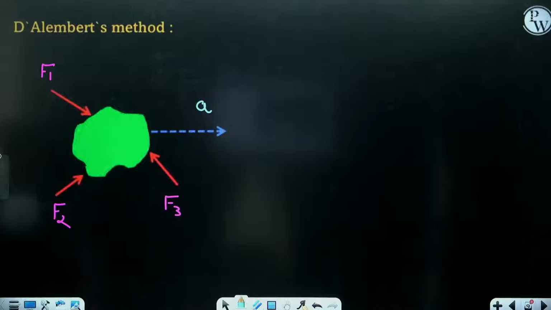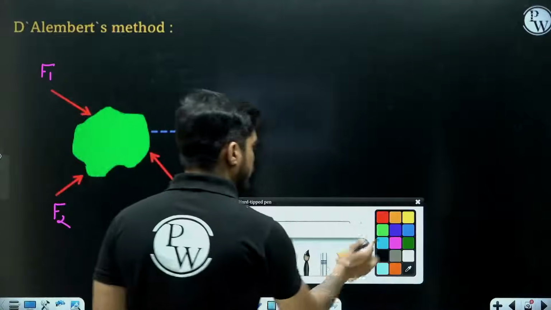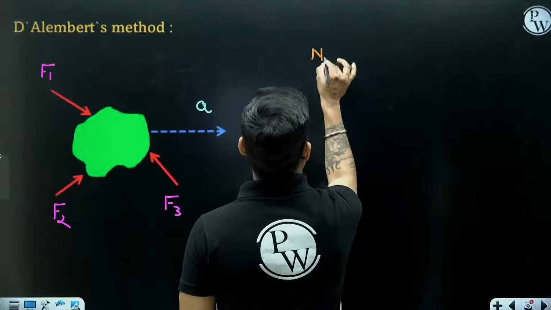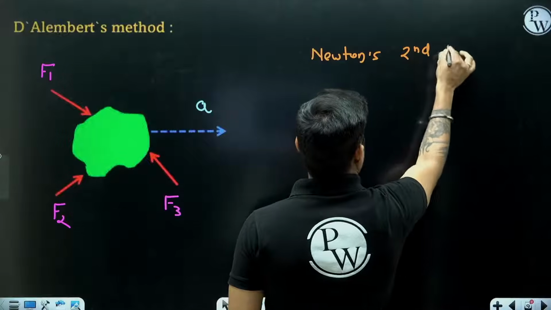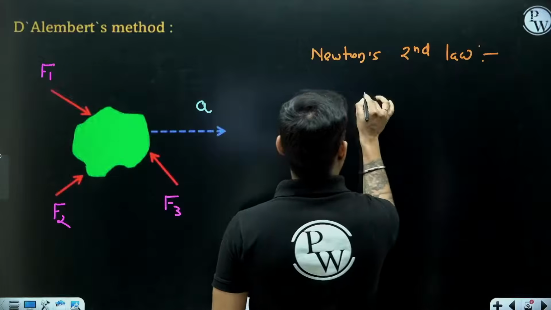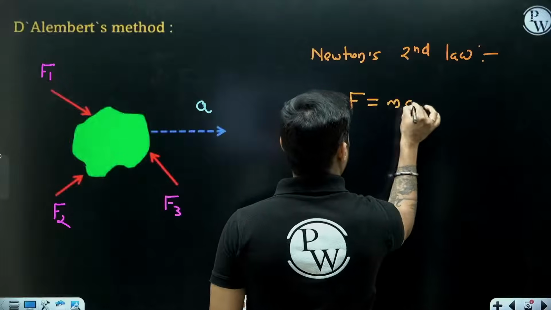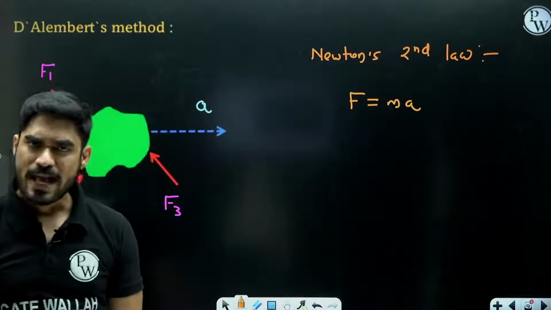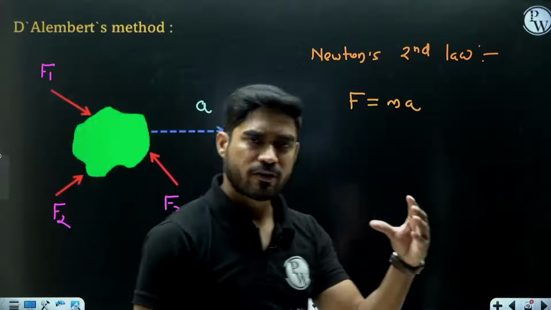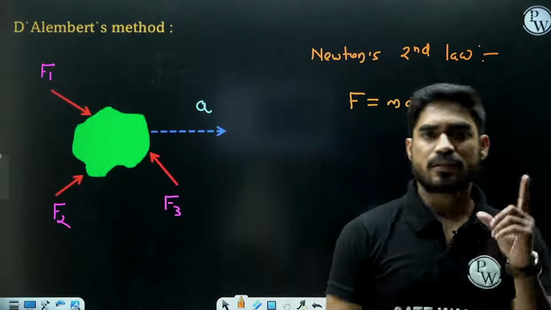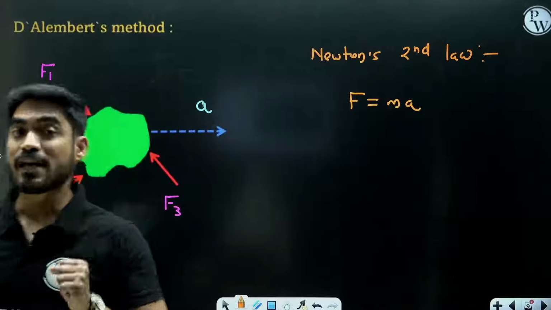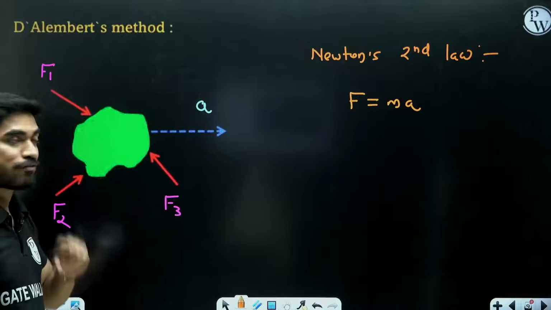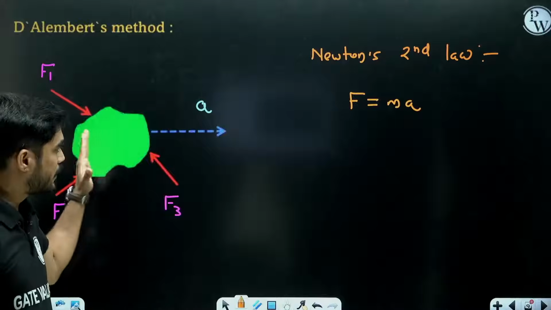Now what is Newton's second law of motion? According to Newton's second law, F is equal to ma. Means if you apply a force F in a particular direction, there will be acceleration a in that direction. But here we are applying three forces, F1, F2, F3, but the acceleration is in X direction.